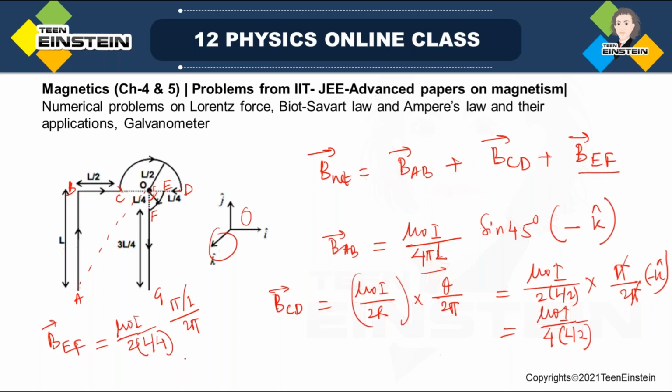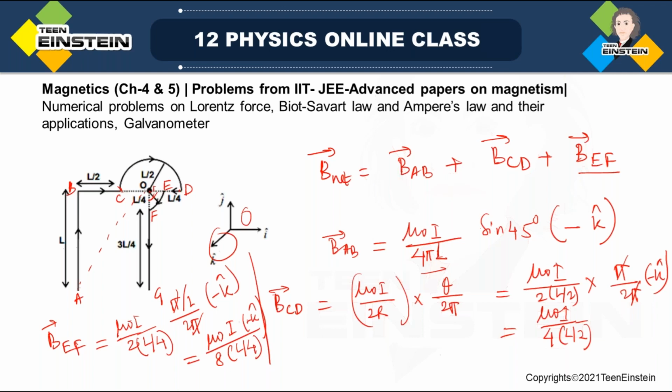So what we get here is μ0 I, along the minus k cap direction, divided by, look at what we have here, this 2 in the denominator, so this is 8, the π goes off, so 8 into L by 4.